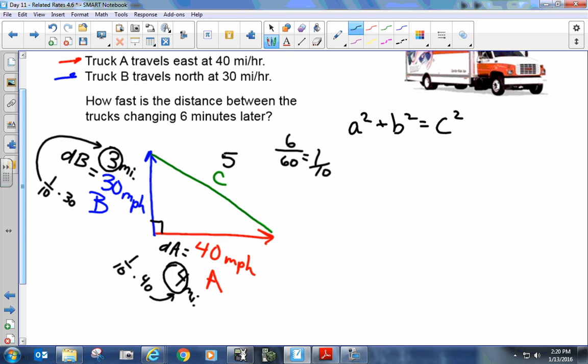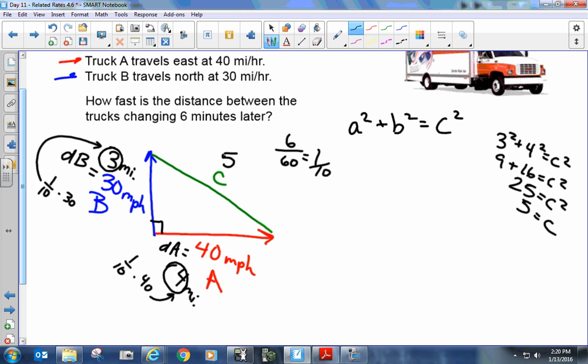Okay, so if I actually did 3 squared plus 4 squared equals C squared, that's 9 plus 16 equals C squared. 25 equals C squared, 5 would equal C. Okay? They don't want C, they want that rate of change. So guess what? I'm going to take the derivative of my Pythagorean theorem.